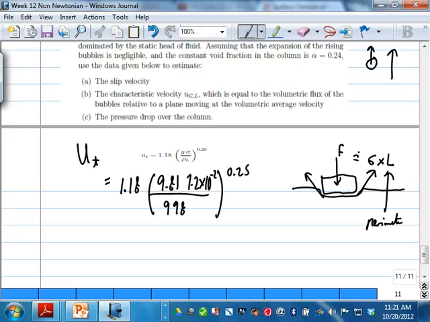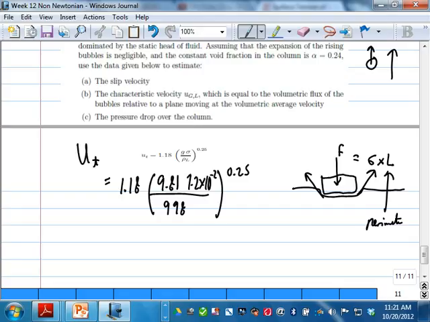These two are equal. So the force pressing down on that piston must be matched with sigma times L. Sigma is the surface tension, L is the perimeter of this block, because the surface tension acts only at the perimeter.